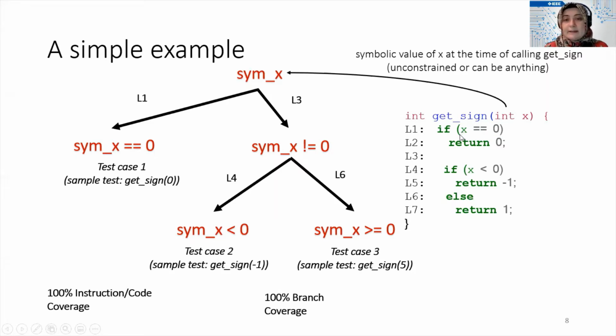This way, the symbolic execution engine finds out feasible paths in our program, and then it creates what you see on the left-hand side.